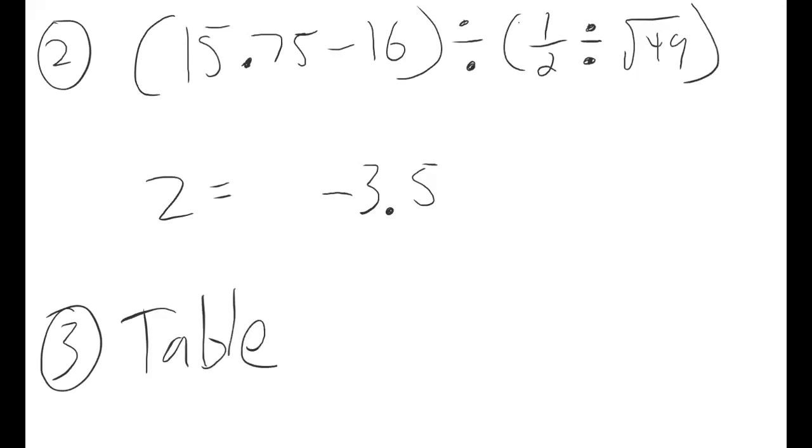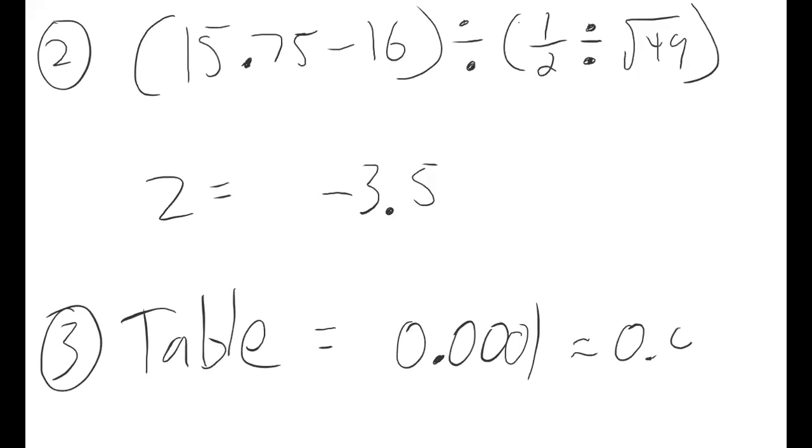So what is negative 3.5 in the table? 0.0001. There's one more zero in there. So there's basically a 0.01% chance of getting, let's go back.